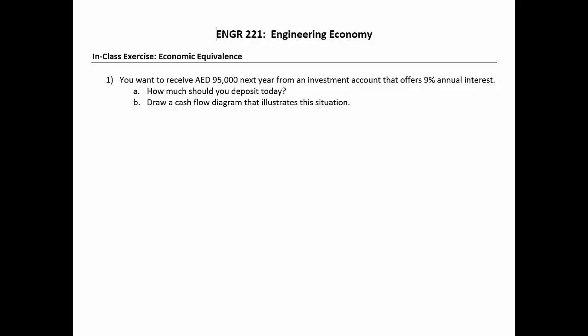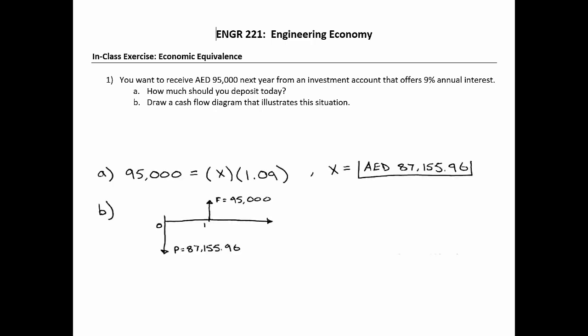All right, so let's take a look at the solution for this first problem in the economic equivalence in-class exercise. So we know that if you want the finishing amount to be 95,000, that's going to require a deposit today. And this 1.09, what we're doing there, the 1 refers to the principal, the 0.09 is the interest, and so that means at the end of the year we're going to have 1.09 times the initial deposit.